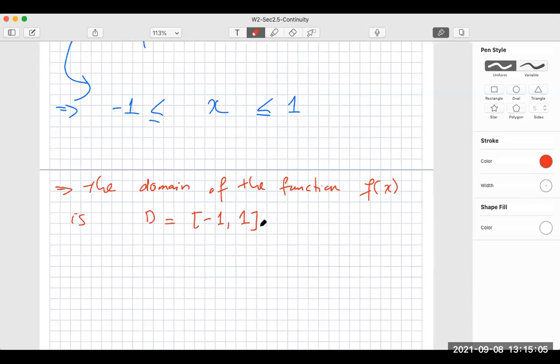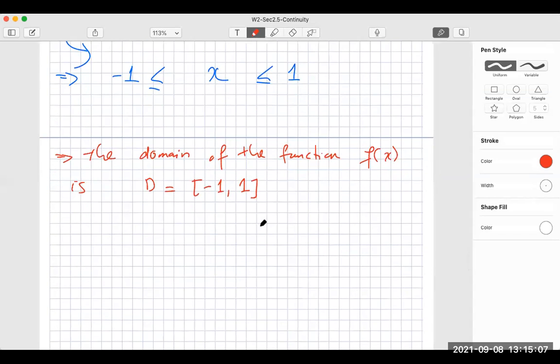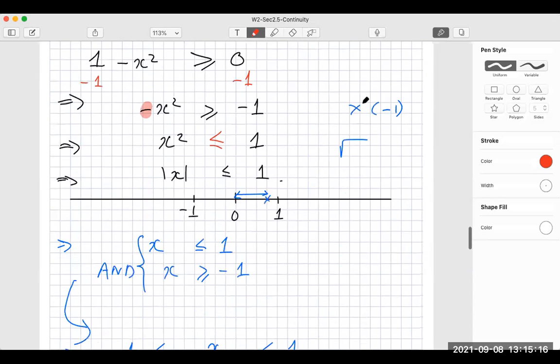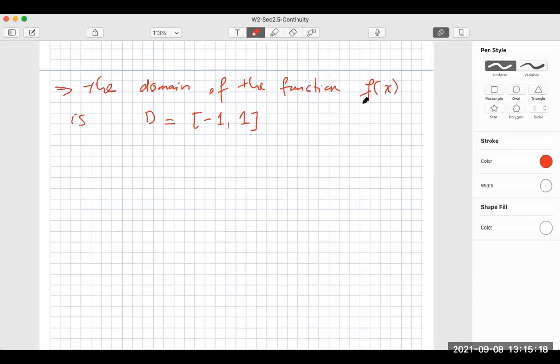Now, they say that we need to show this is continuous in this interval. Okay? And this interval is the union of the point -1, the interval from -1 to 1, and the point 1, right?